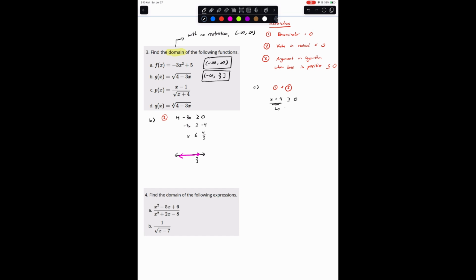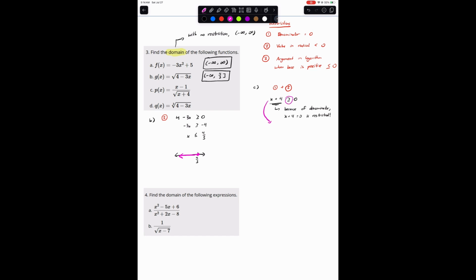So because of the denominator, x plus 4 equals 0 is restricted. So because of this restriction, we have to change the sign, right?